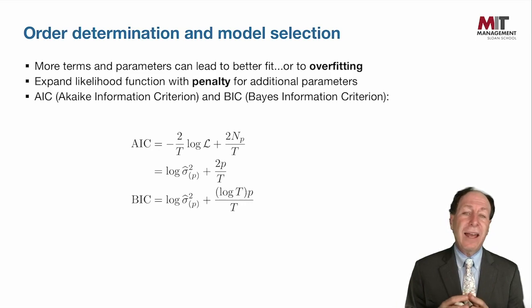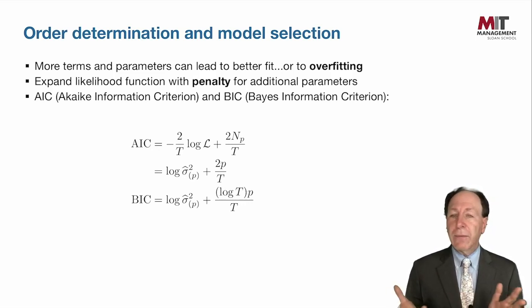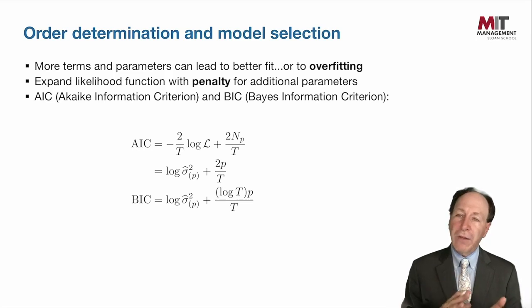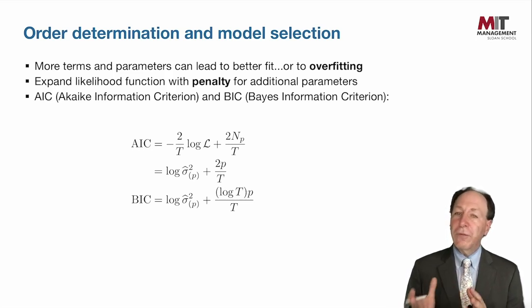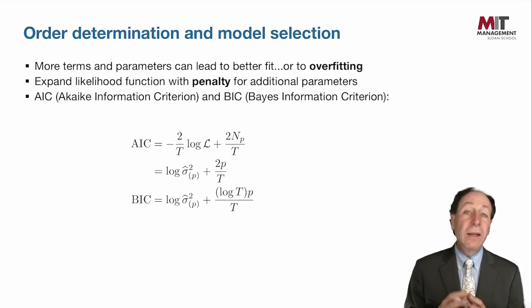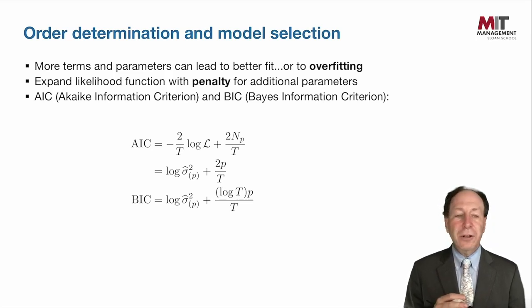So we penalize extra parameters in the likelihood function, and there are a couple of common ways of doing it. The AIC and BIC give slightly different penalty weights, but the general idea is that in modeling, we can favor simpler models with fewer terms. Sometimes, as in the previous example, it will jump out at us and we'll be able to see where to truncate the series. Sometimes the data, unfortunately, will not be as clear.